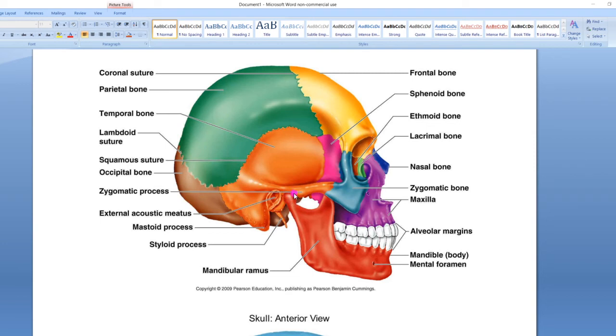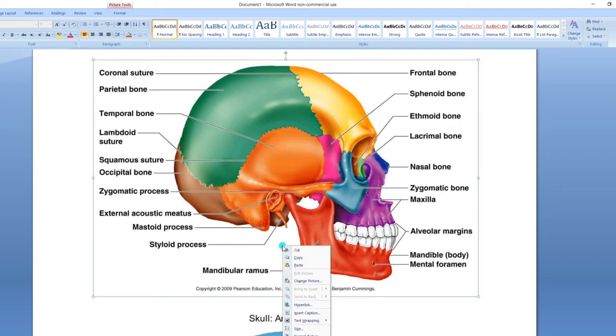That's kind of weird to say, but your jaw joint is the mandibular condyle right here going into the temporal bone. So this is our mandibular condyle.